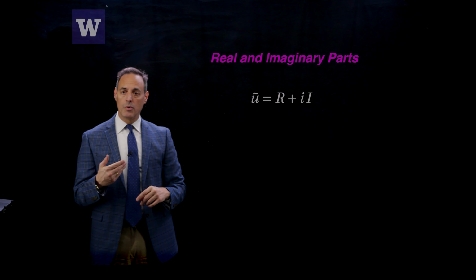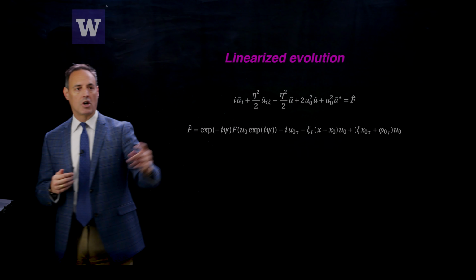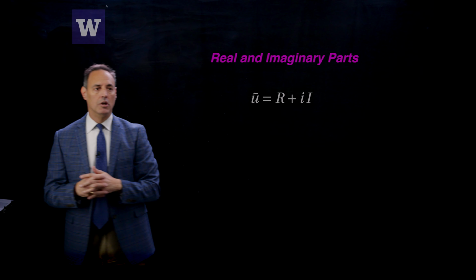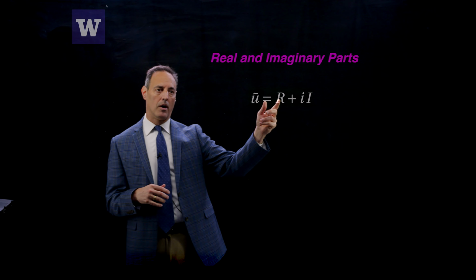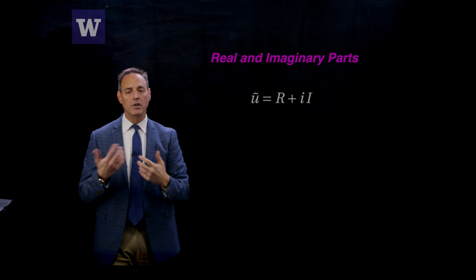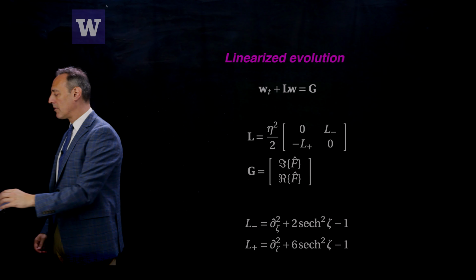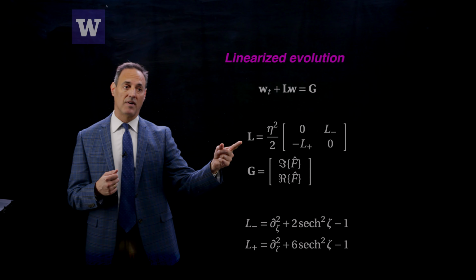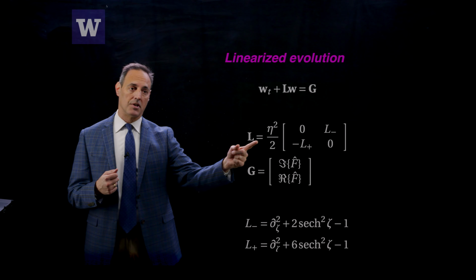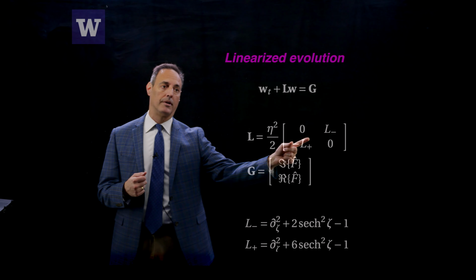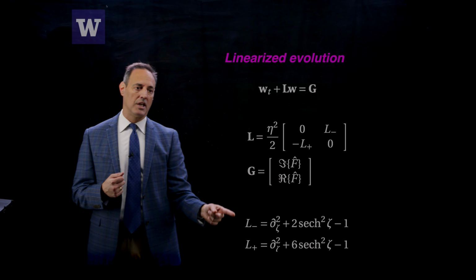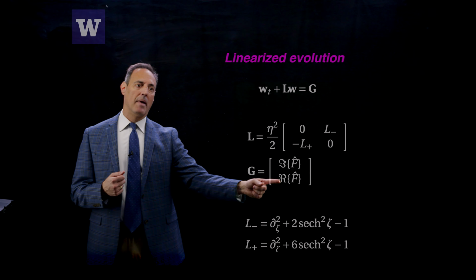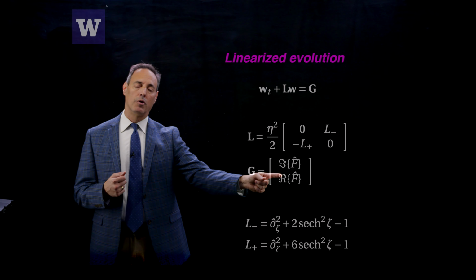So what we do with this here, this solution is a complex field. So I'm going to write it in terms of real and imaginary parts. So U tilde is the real part plus an imaginary part, and you decompose that into the real and imaginary parts. And now the evolution of the real and imaginary parts satisfies this linearized operator here. There's an a squared over 2. There are these two operators, L minus, L plus, which take on this form right here. And the G is the imaginary part of the forcing f hat and the real part of the forcing f hat.